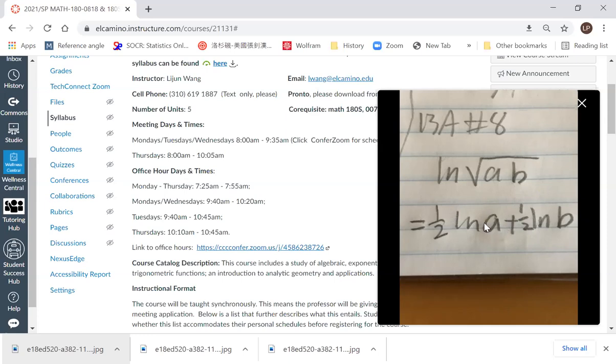Let's look at Bailey's work. Do you guys see this? Does everybody see this? Wait, new share. Okay, that's the share. Bailey, there's a half natural log A plus half natural log B. That's perfect.